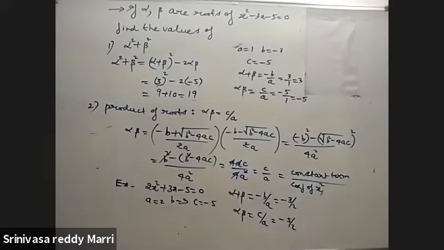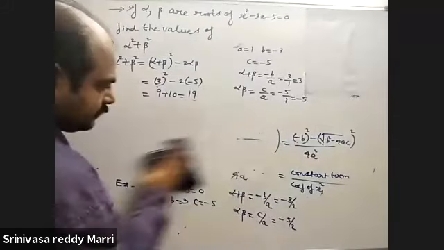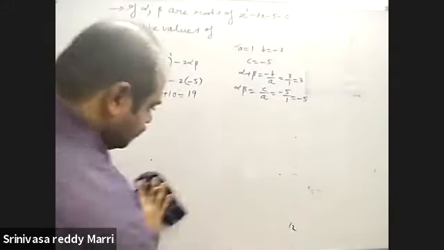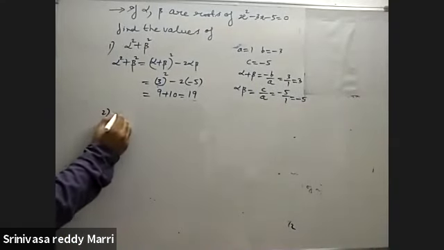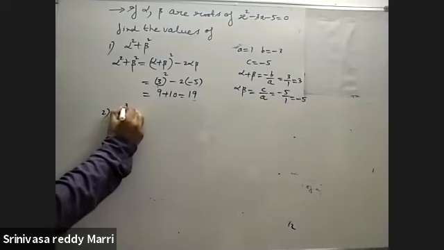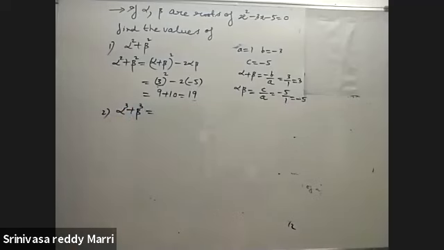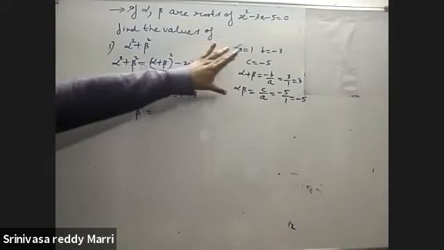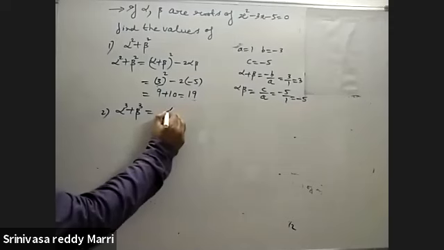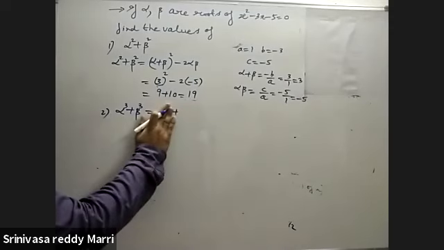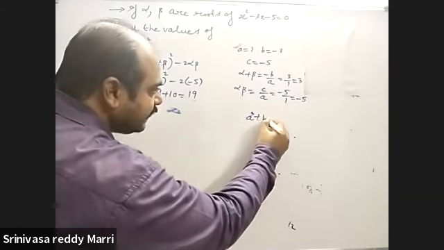Look at the next problem. Alpha cube plus beta cube, let us say. Now using this relation only. Alpha cube plus beta cube is nothing but, look at the formula whenever a cube plus b cube is there.